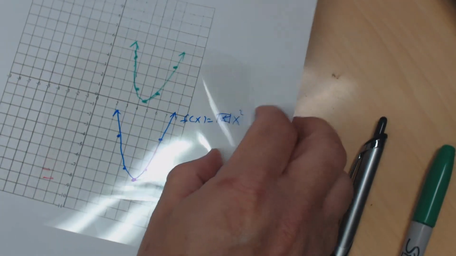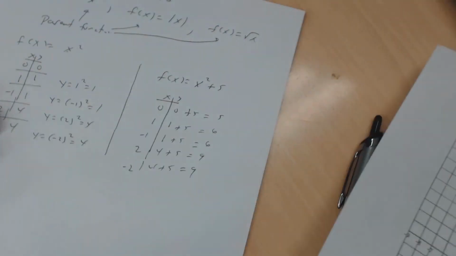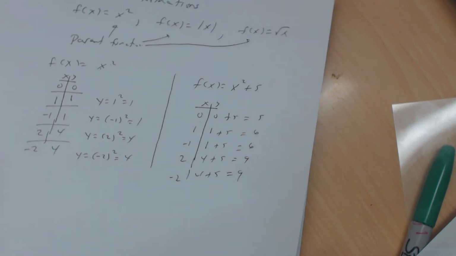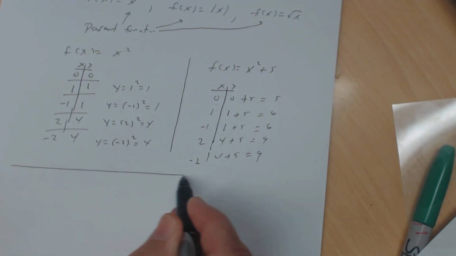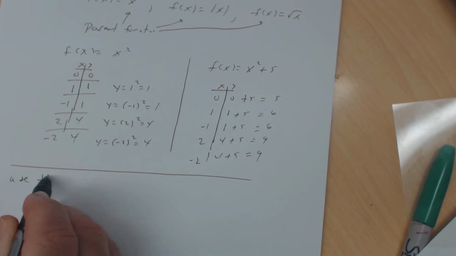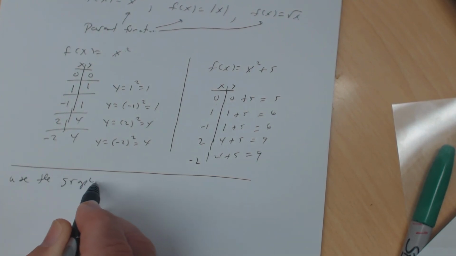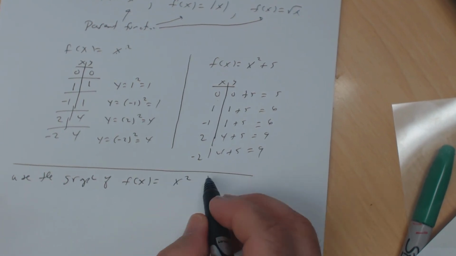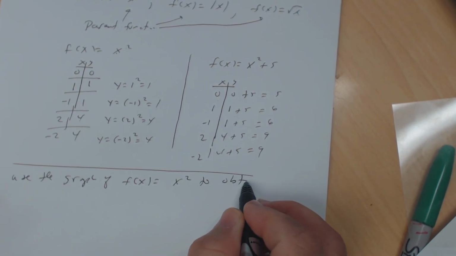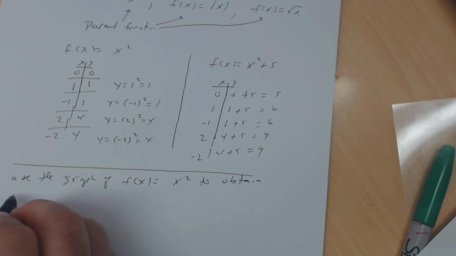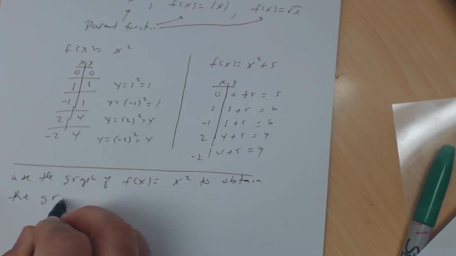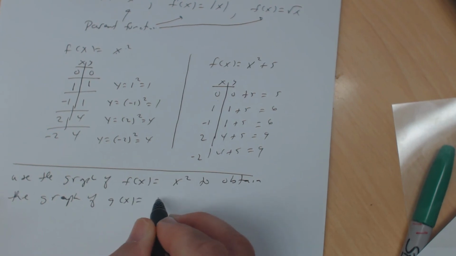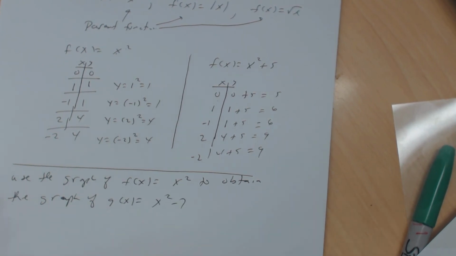Let's graph this now. Let's use the idea we just saw. Use the graph of f of x, which equals x squared, to obtain the graph of g of x, which equals x squared minus 7.